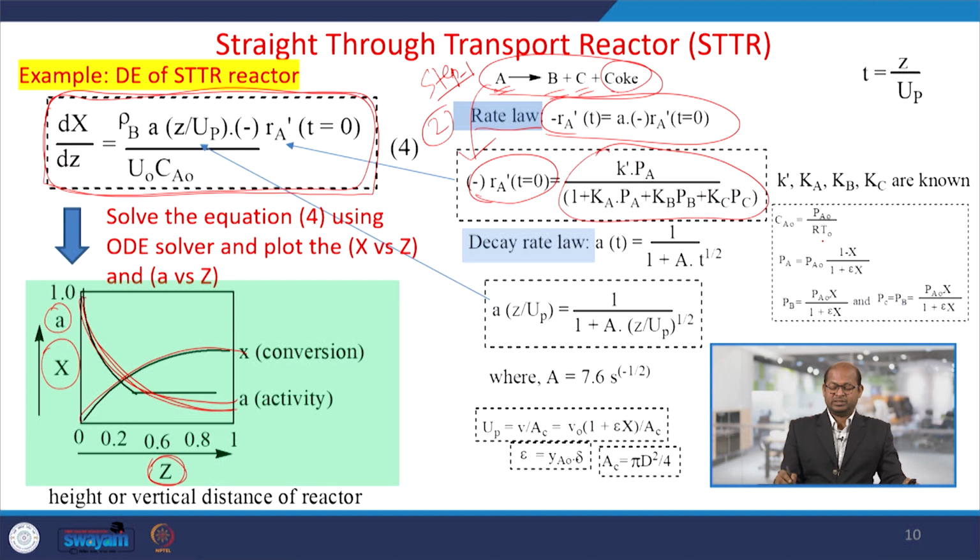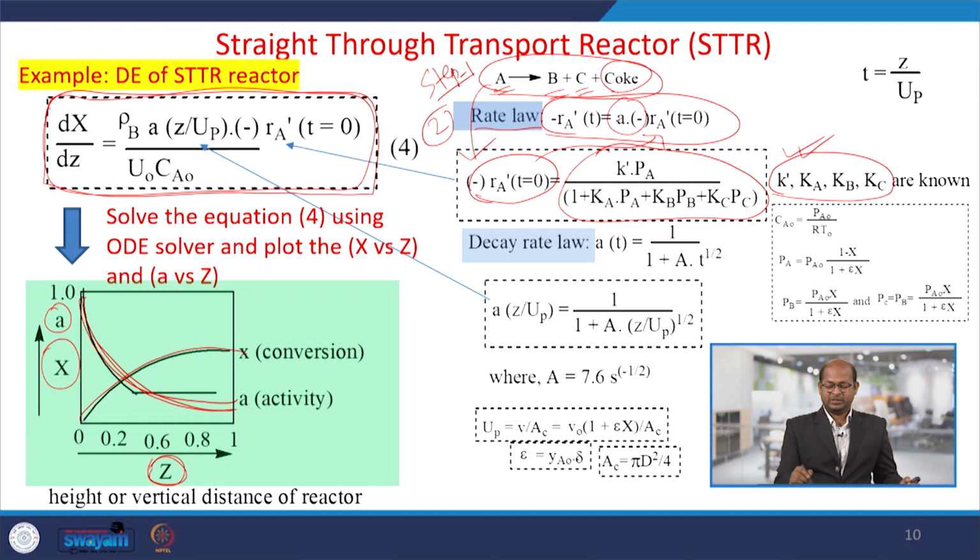Here so many constants are there: k prime, ka, kb and kc. These are the rate equation parameters, which should be known for this particular reaction or system. So once we know this rate equation, we can substitute it here.